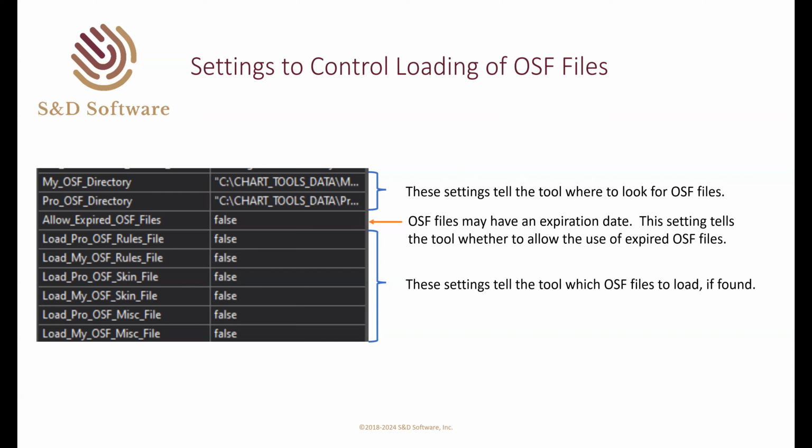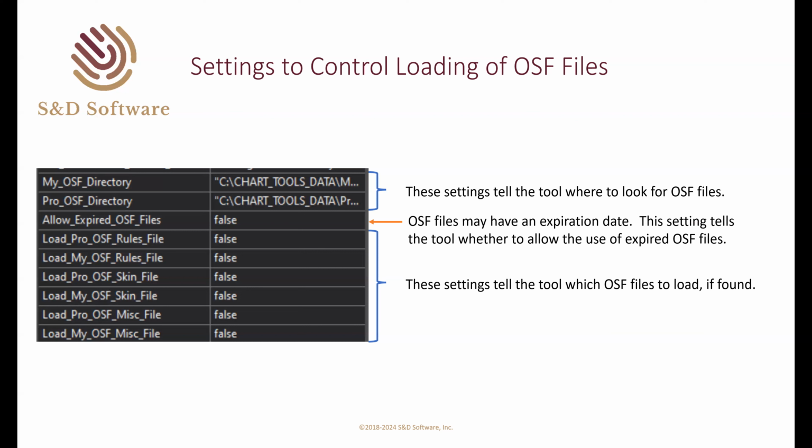So it's possible to associate an expiration date with that OSF file so that once the season it's intended to be used for is over, it will no longer be used. But by the same token, you can override that behavior and tell the tool to disregard the expiration date. This is false by default, so the tool will honor expiration dates should you have one.